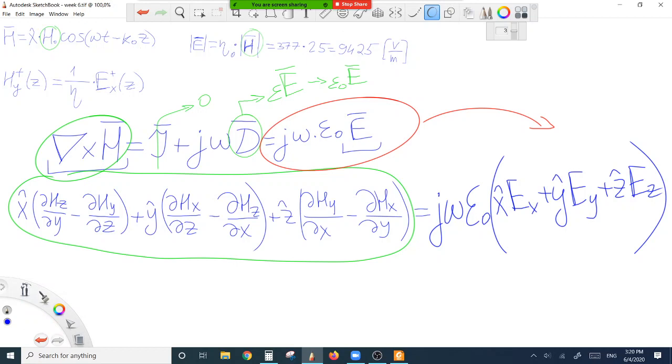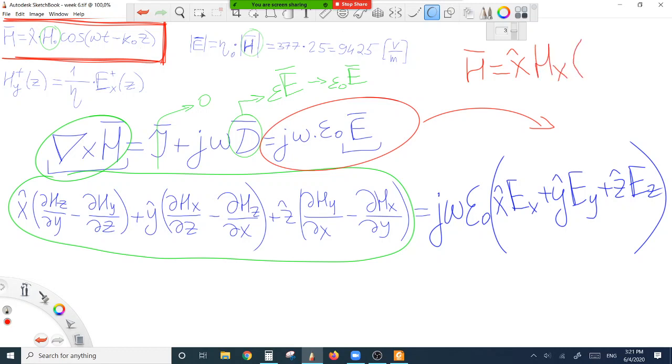So now let's look at our magnetic field intensity equation, H is equal to X H0 cosine omega t minus K0 Z. So it means our magnetic field intensity has a component only along X, which is Hx, and it depends on Z, Hx of Z. It means Hy and Hz are 0.